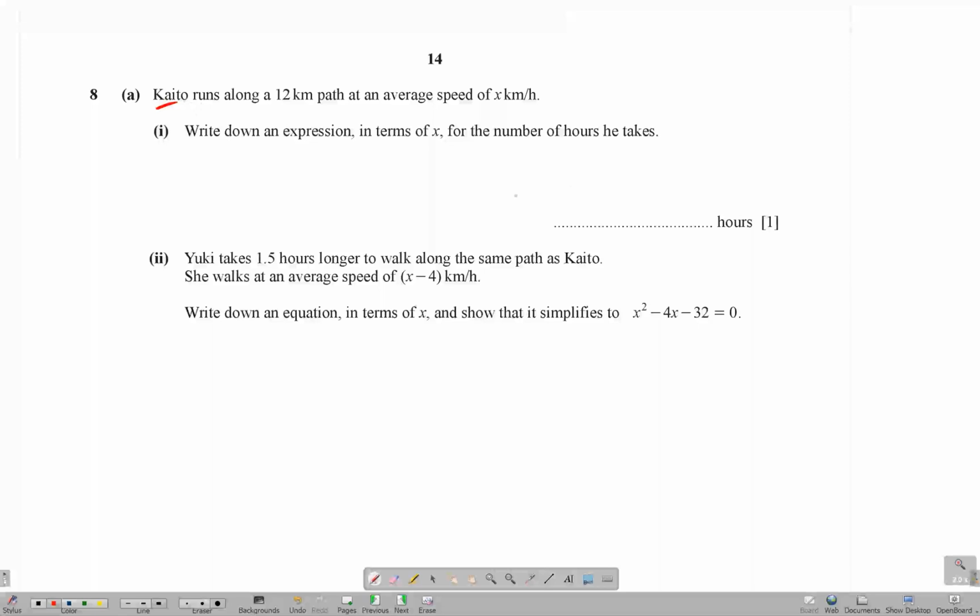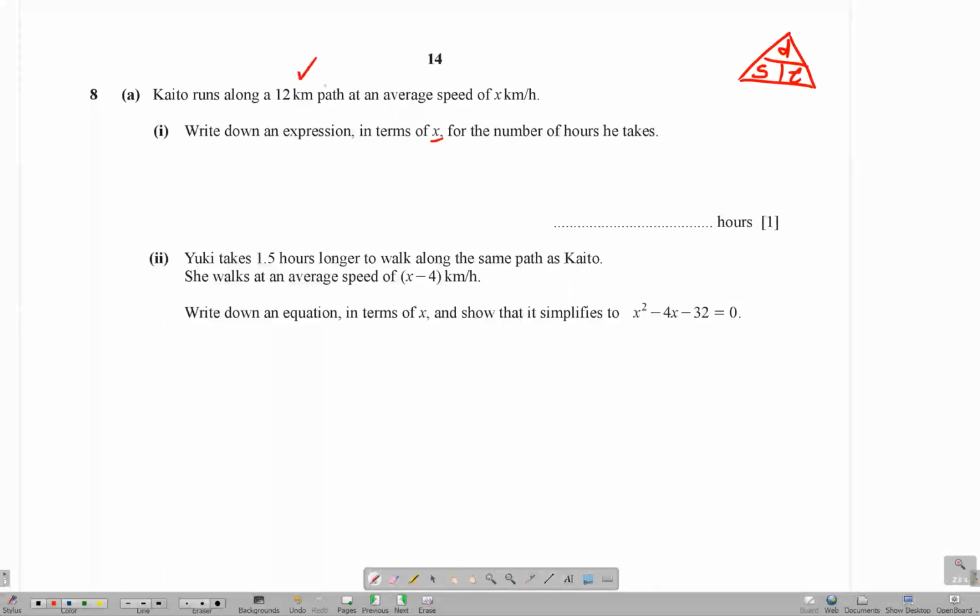So we have Kaito runs along a 12-kilometer path at an average speed of X kilometers per hour. Okay, so it's time to incorporate the triangle. You guys remember the triangle? We just have speed is equal to distance over time. Write down an expression in terms of X for the number of hours he takes.